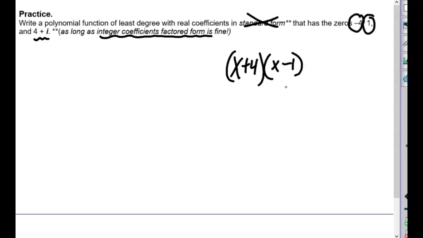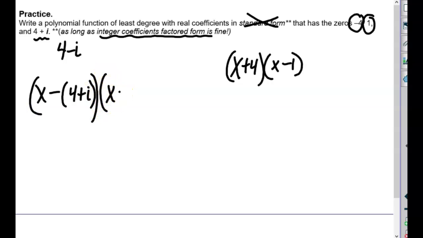All right, but I can't write my last factor as x minus 4 plus i because it has an imaginary number. And if 4 plus i is a 0, there is also a 0 at 4 minus i. So, well, this is a factor, so is x minus 4 minus i.